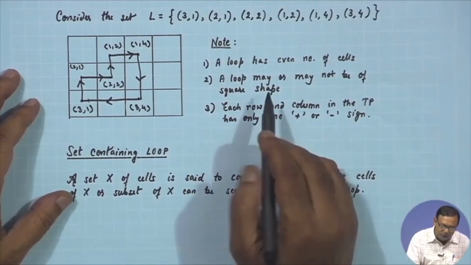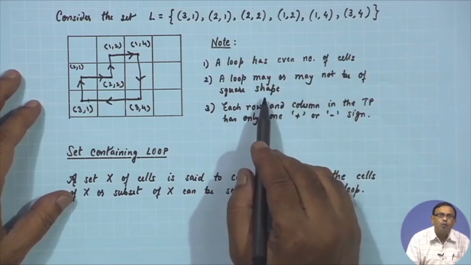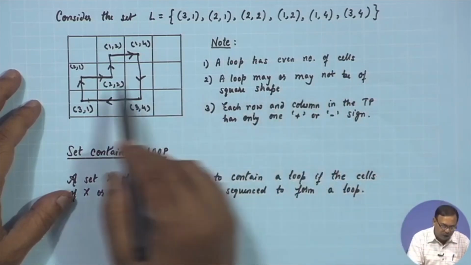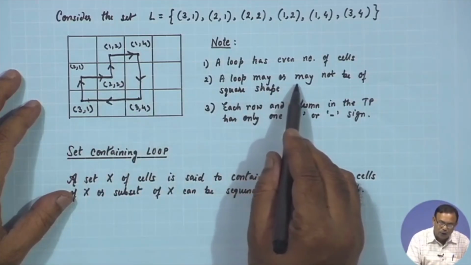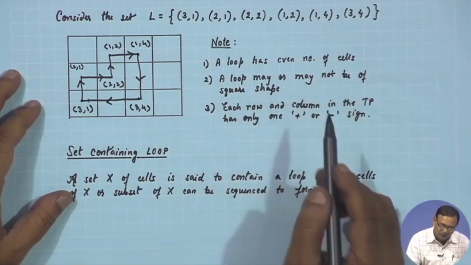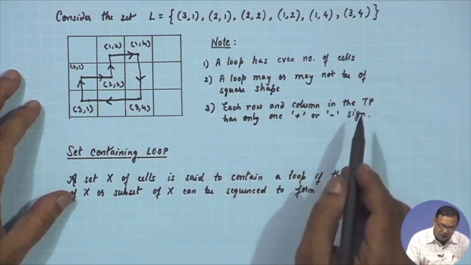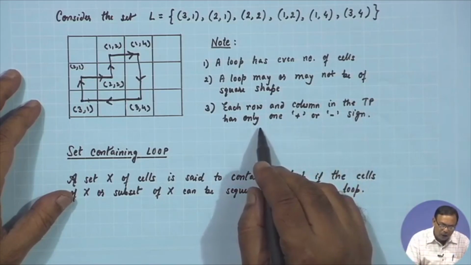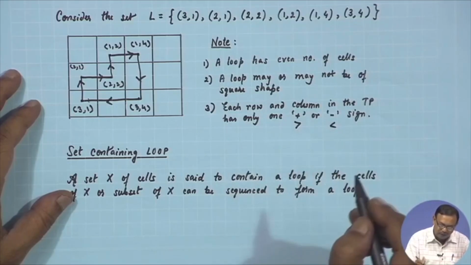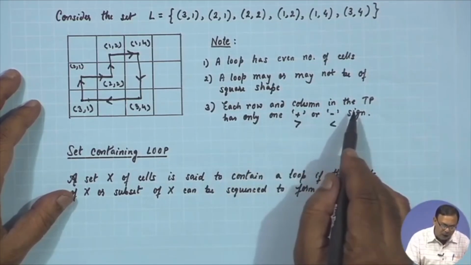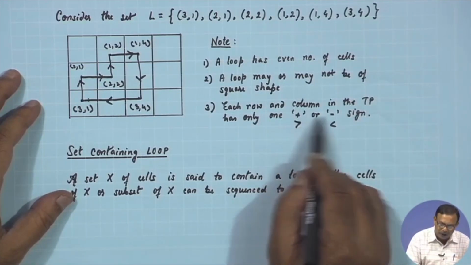So, you should note that a loop has an even number of cells. A loop may or may not be of square shape, because if you see, the shape is not square. Each row and column in the transportation problem will have only one arrow sign, which I am calling plus or minus.